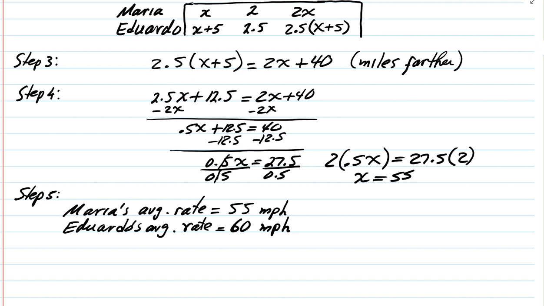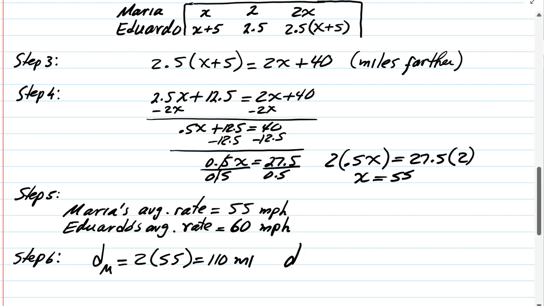So we can see now step 6, we can check this one. We can see that the conditions of the problem are met. Let me put that just so you see how that's done. Step 6: the distance Maria travels is 2 times 55, which is 110 miles. Okay, that's how far Maria has traveled.